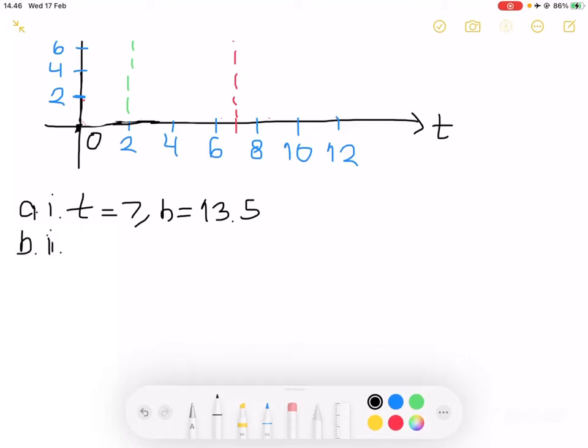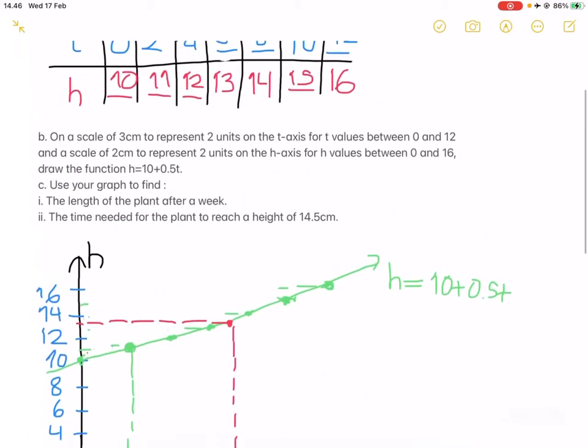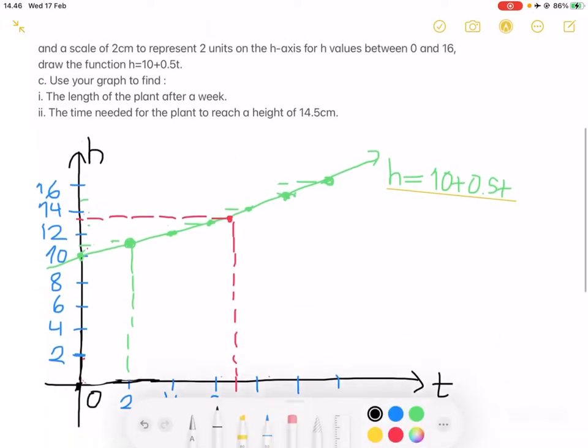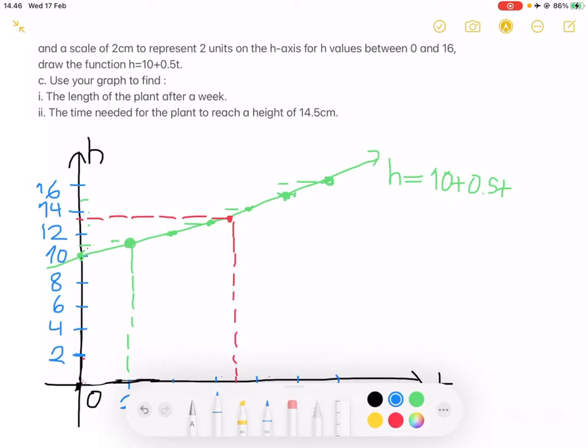So let's solve the next part, which is the time needed for the plant to reach a height of 14.5 centimeters. So 14.5 is halfway between 14 and 15. 15 is somewhere right here, so that means 14 is somewhere right here. So let's just draw a straight line to the function.